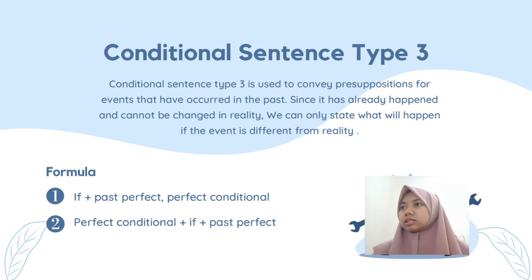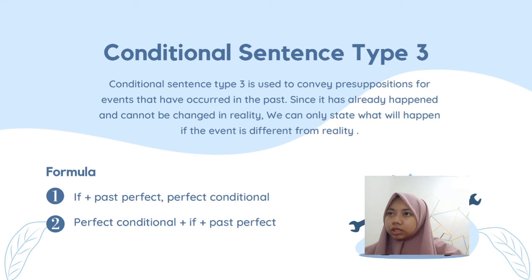This is conditional sentence type 3, used to convey presupposition for events that have occurred in the past, since it has already happened and cannot be changed in reality. We can only state what would happen if the event were different from reality.